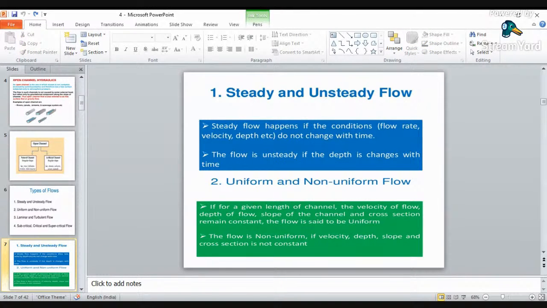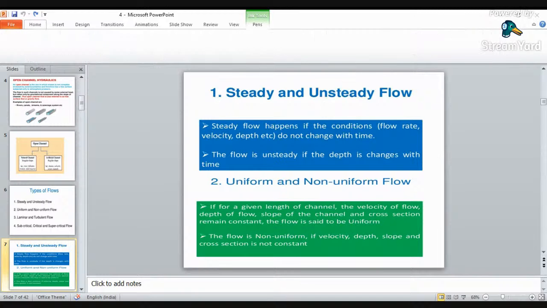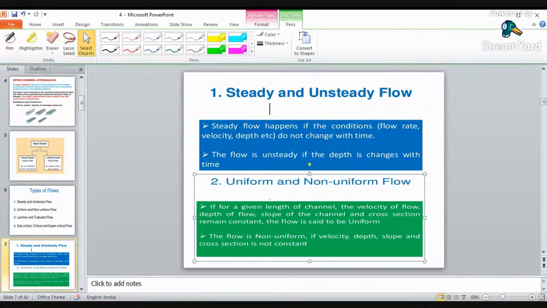Okay, so for the uniform condition, dy by ds will be equal to 0.